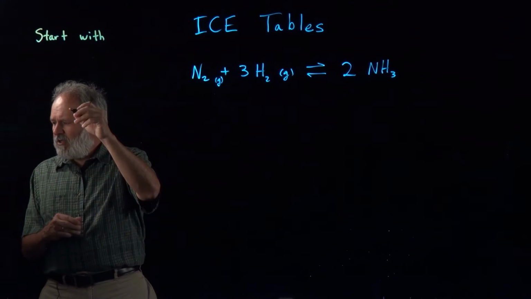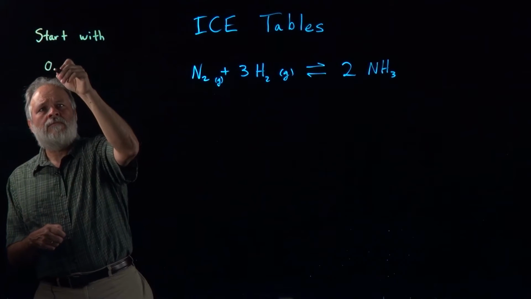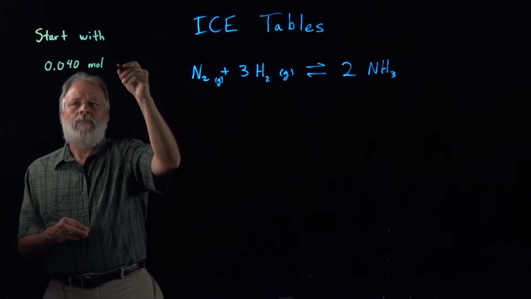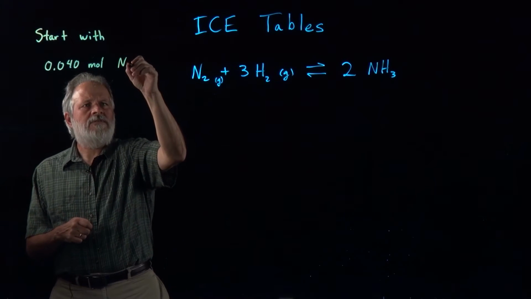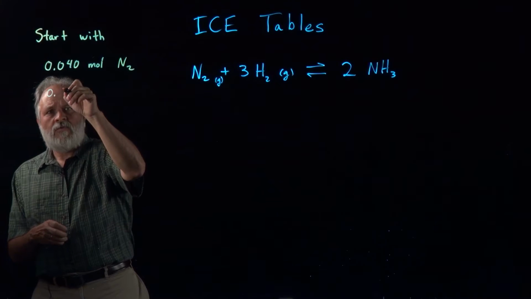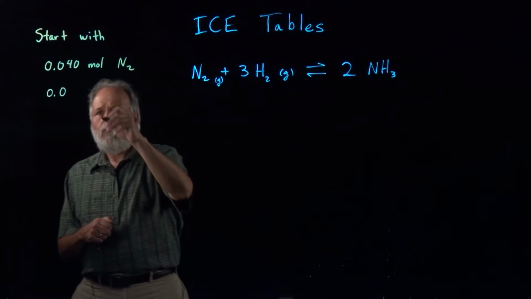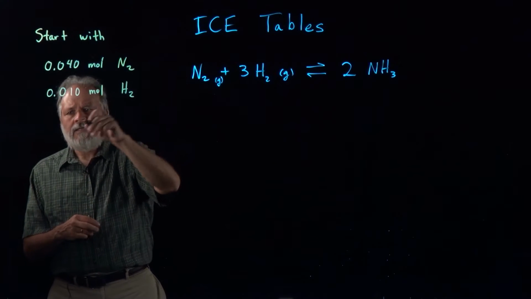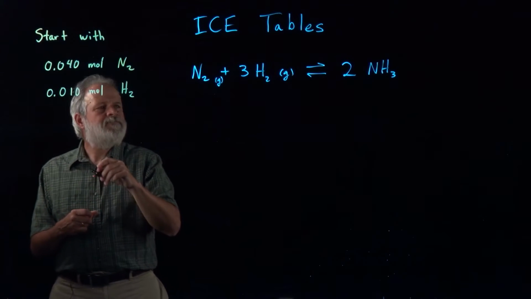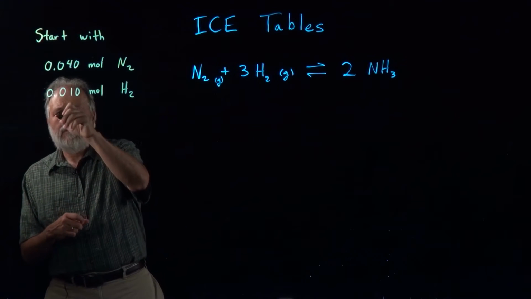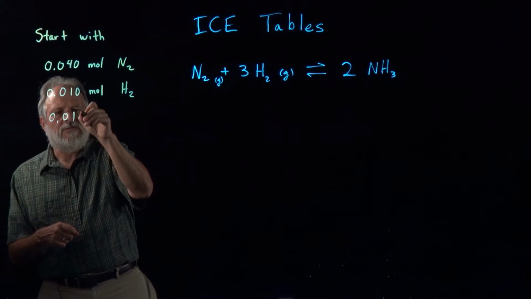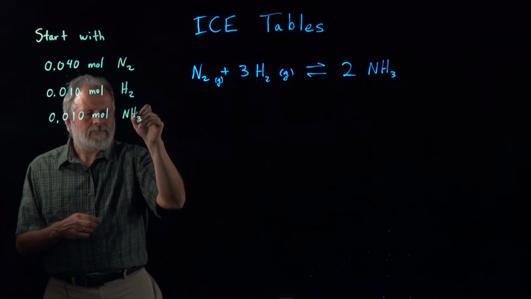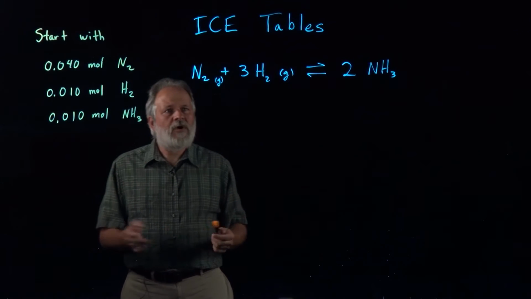The quantities we're going to use are 0.040 moles of nitrogen, 0.010 moles of hydrogen, and let's say we already have some ammonia there, also 0.10 mole. Okay, that's the number of moles.